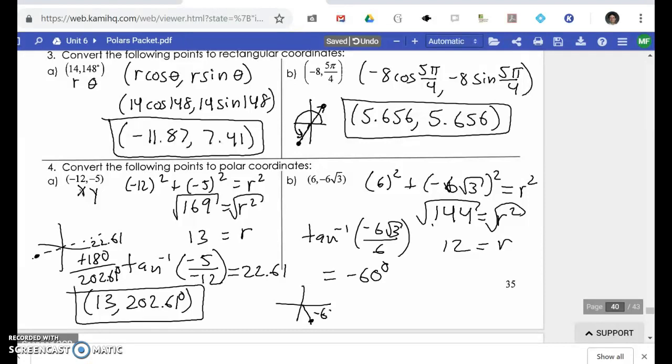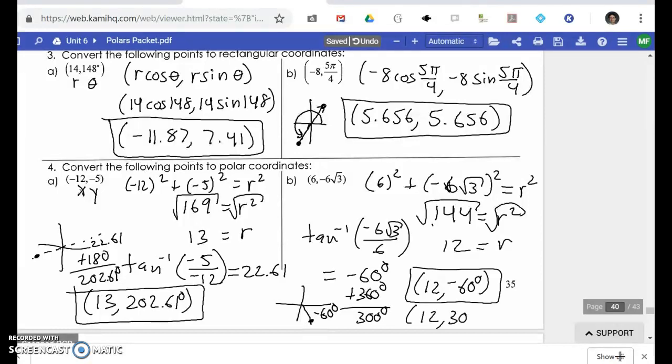That looks like a negative 60 degree angle, so that's okay. You'll notice my answer key actually says 300. If you add 360 degrees to this, you will get the angle of 300 degrees, which is equivalent to negative 60. So you could write two answers for this one. 12 negative 60 is fine, as is 12 300 degrees. Either one's okay. And that's the first page of the review guide.